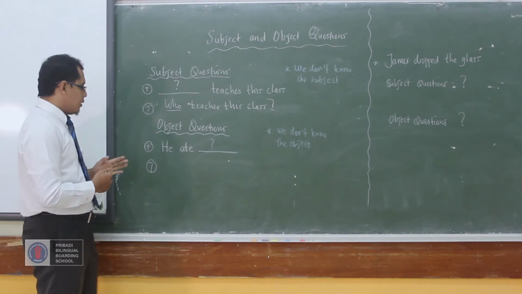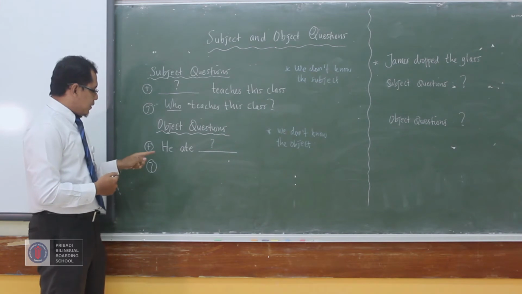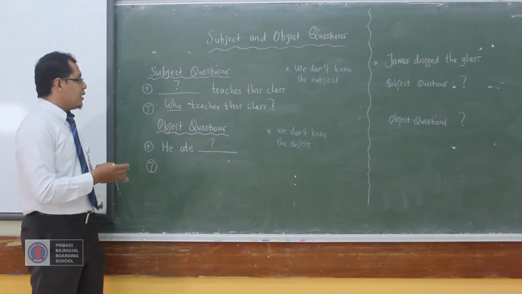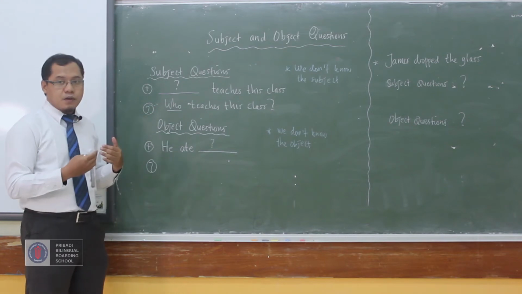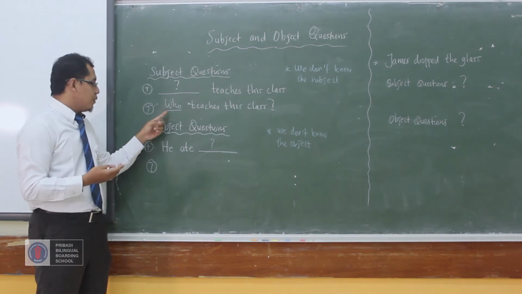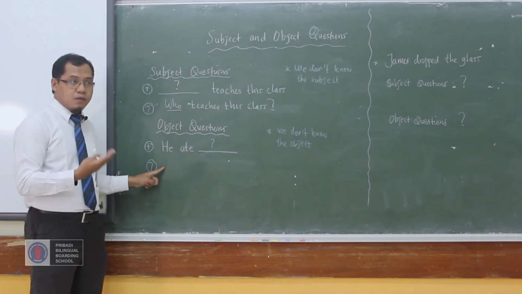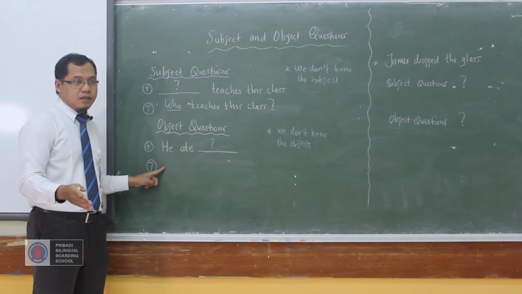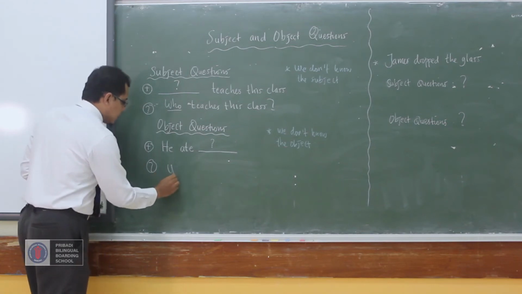Okay, now, he ate something. So we are asking about a thing, right? It's not like in subject questions, where we are asking about a person. That's why we use who. But for this, since we are wondering about a thing, the question word is not who anymore, but instead we use what.